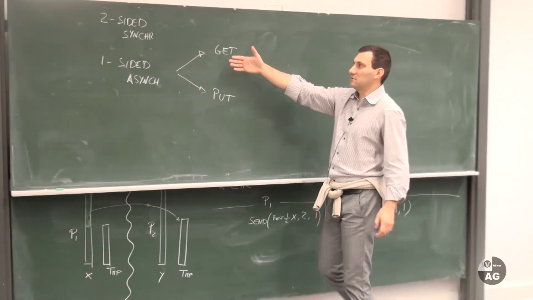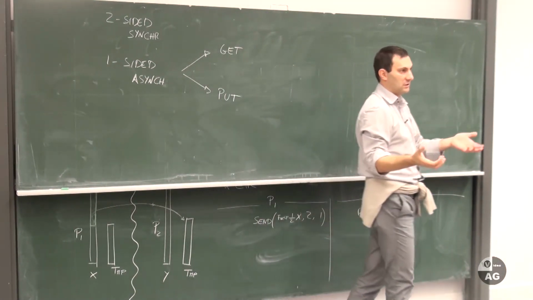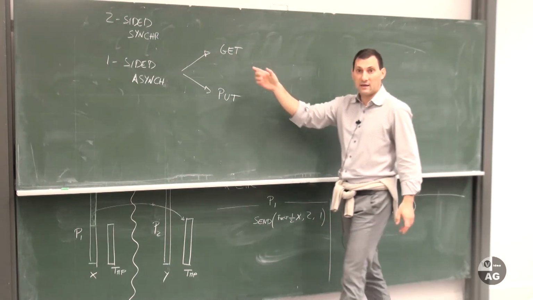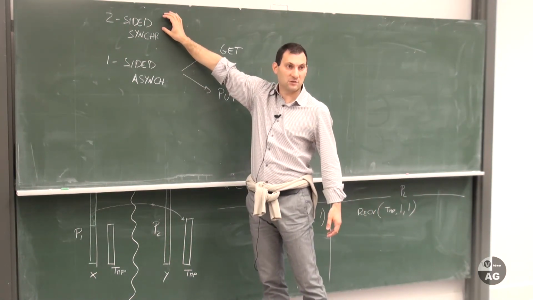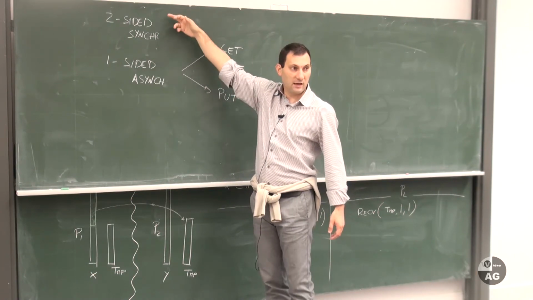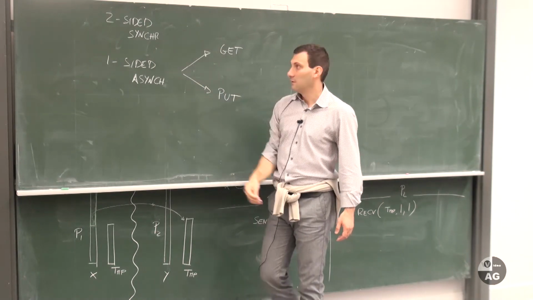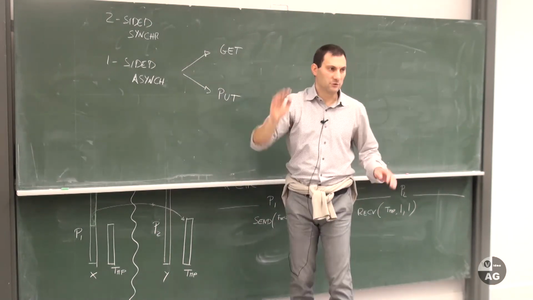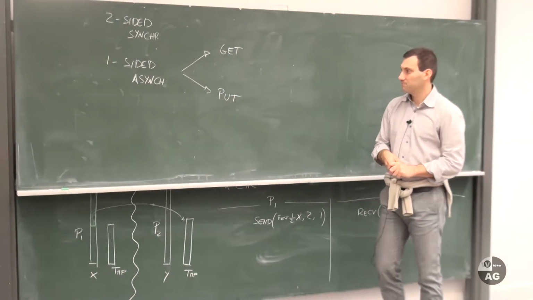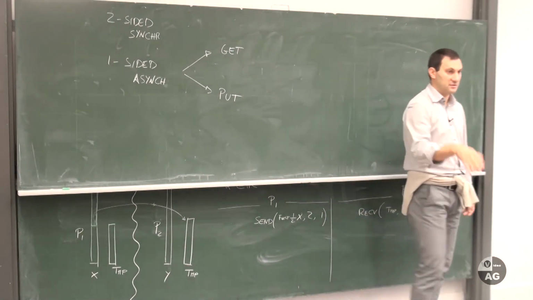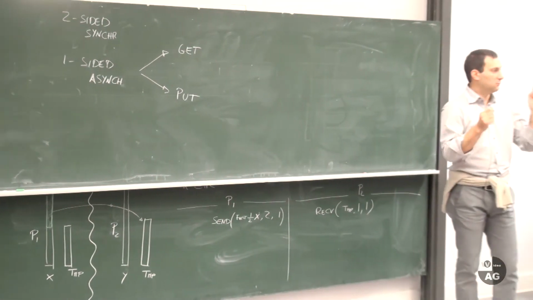The two-sided communication, of course, it's MPI. MPI has a whole set of different two-sided communication styles. So in MPI you have synchronous and asynchronous two-sided communications. And well, you can do all sorts of two-sided types of communication. One-sided is much nastier.